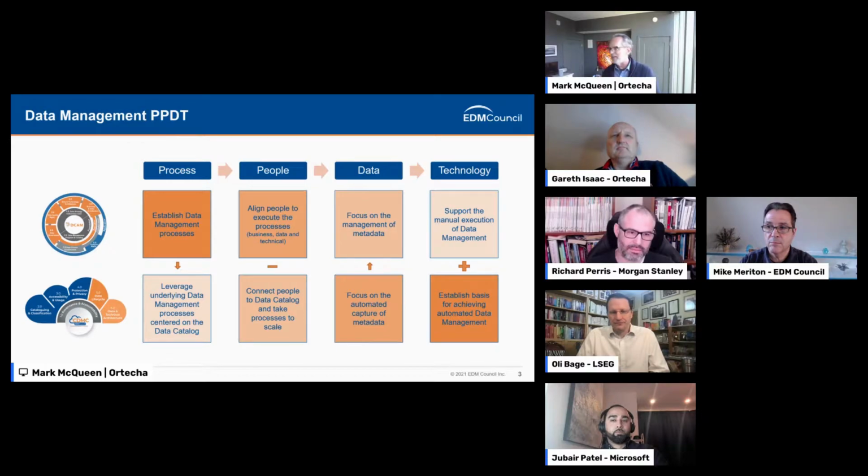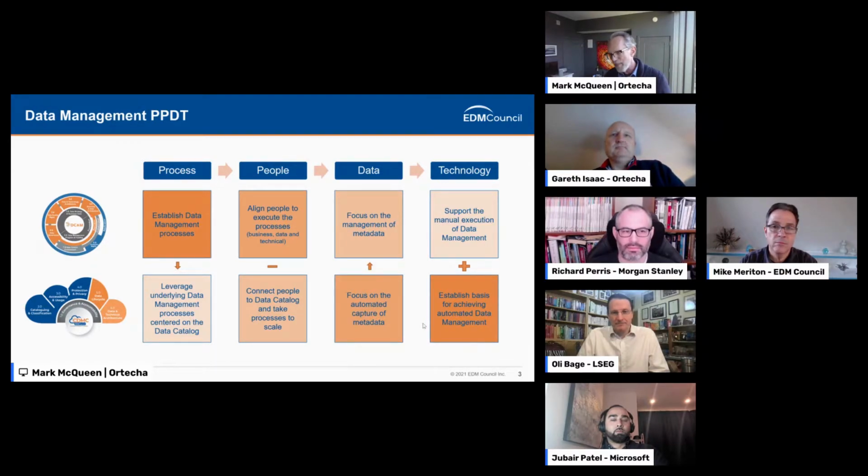Focuses on automating the capture of that metadata into the catalog, and then ultimately establishing that basis for automated data management through the automated controls. You know, Ali, I'm going to quote you the other day, we were in a meeting. DCAM is really the business side of data management, and CDMC is the technology side of data management. How do we automate our data management going forward?